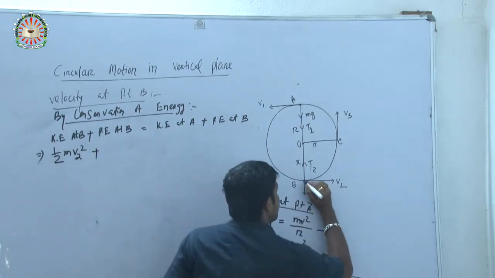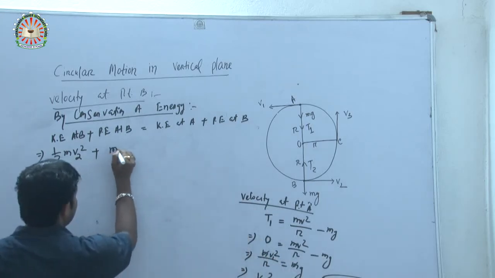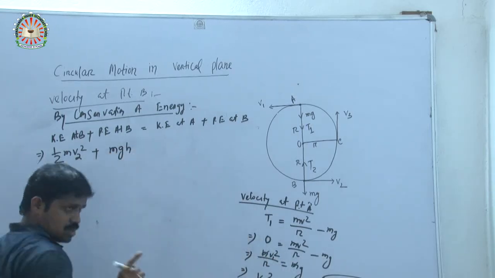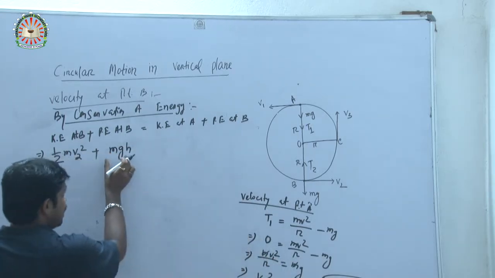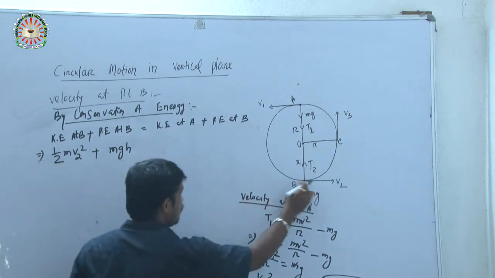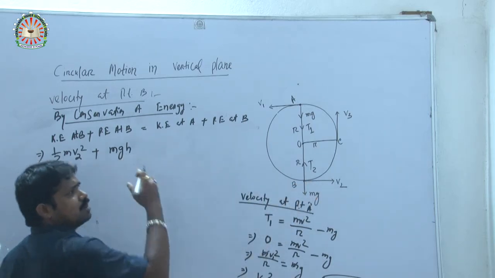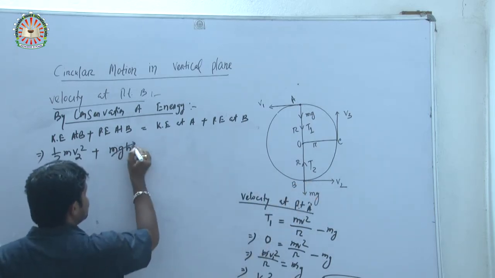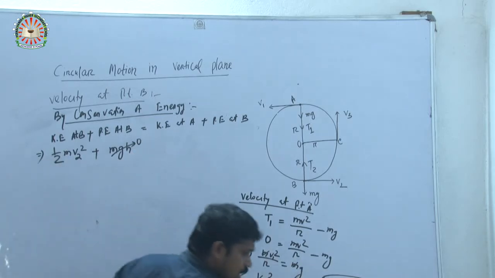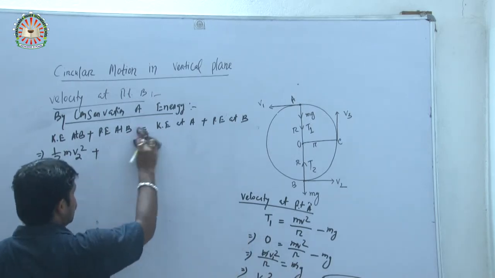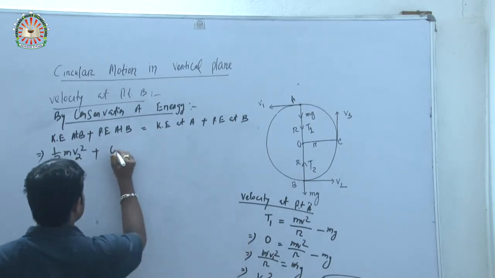We know that the potential energy is mgh, but B is the starting point, so what is the value of h? It becomes 0. So this value becomes 0, no need to write this one.